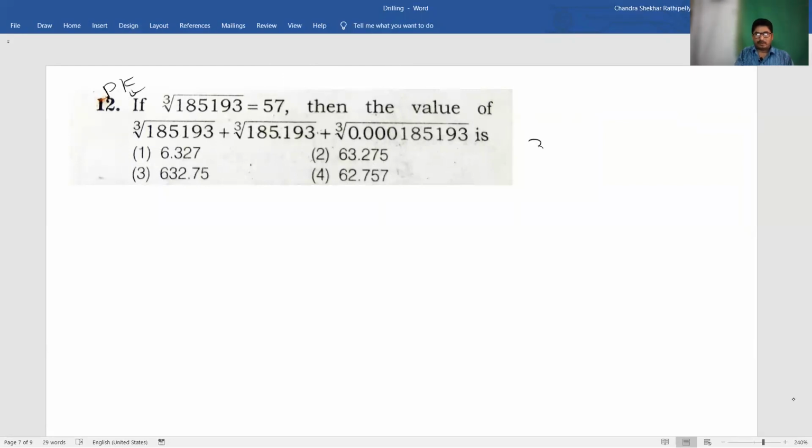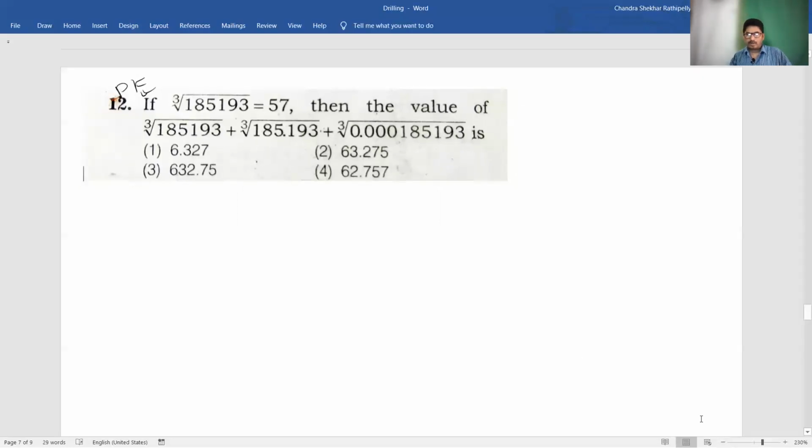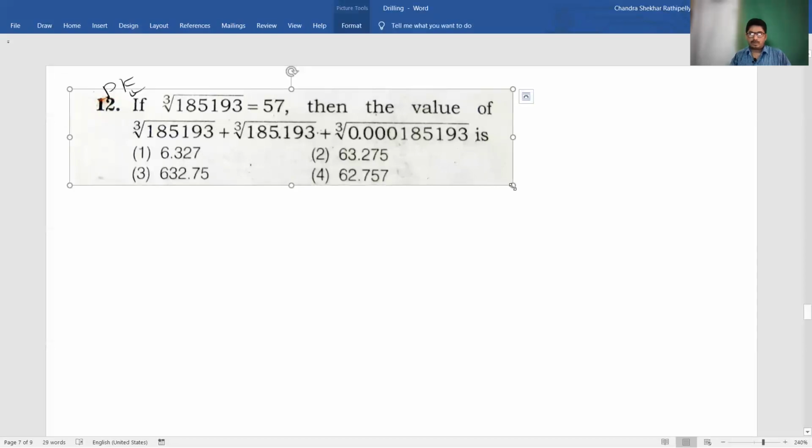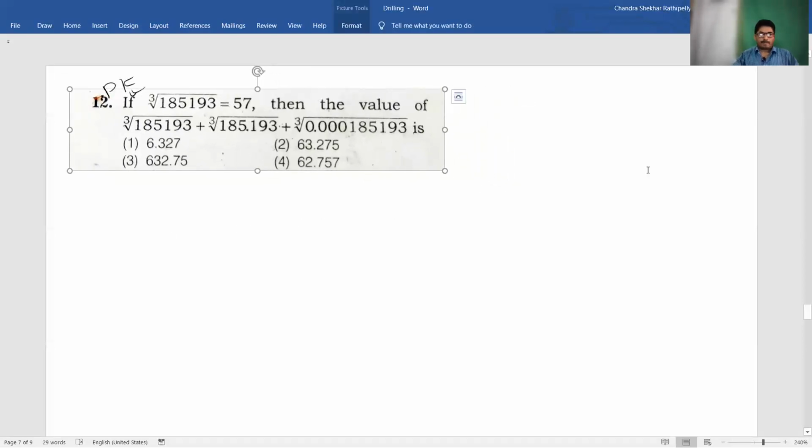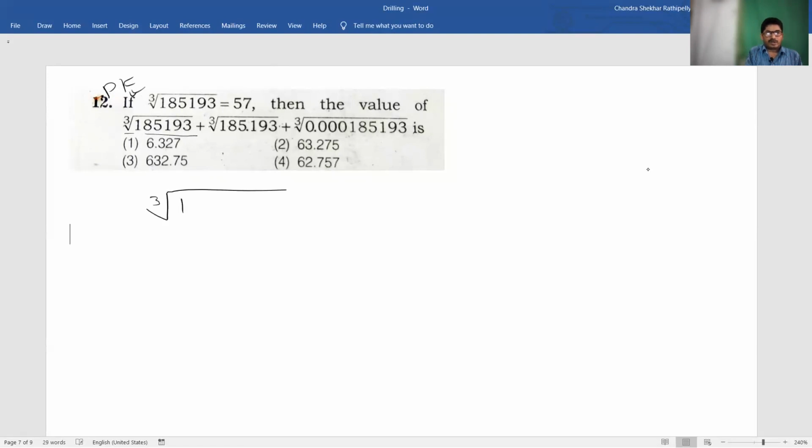This is cube root of 185,193, which is given. How much? 57.